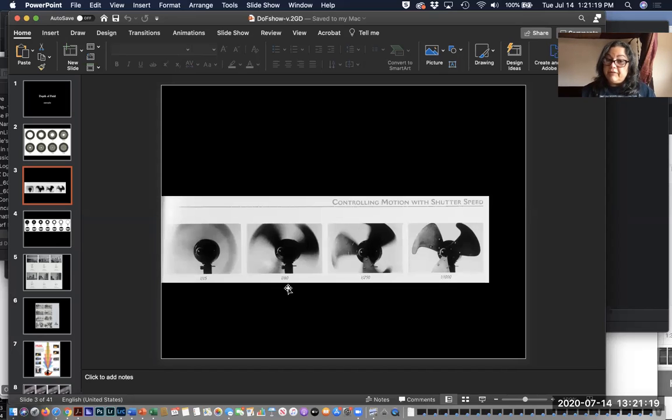2 stops faster, so from a 15th of a second, you have a 30th, and then this image made at a 60th of a second. It's still very blurry, but now you can kind of make out the shapes of the blades of the fan. Another 2 stops faster, so from a 60th of a second, you'd get 1/125th of a second, and then here, 1/250th of a second.